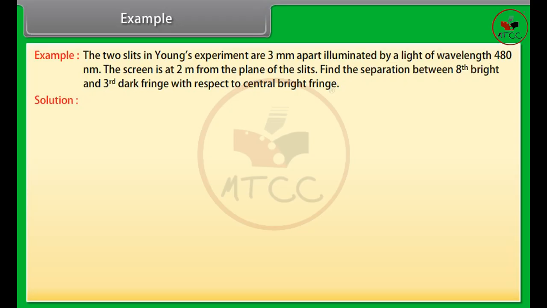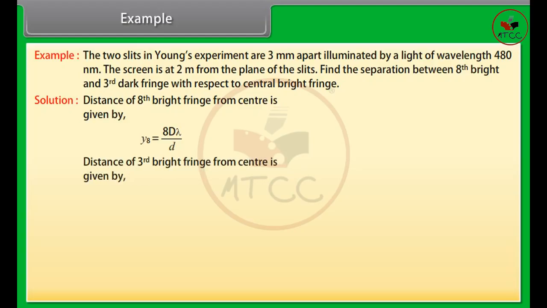Let's see the solution. Distance of 8th bright fringe from center is given by 8 D lambda upon d. Distance of 3rd dark fringe from center is given by 5 D lambda upon 2d. We have y is equal to y8 minus y3.